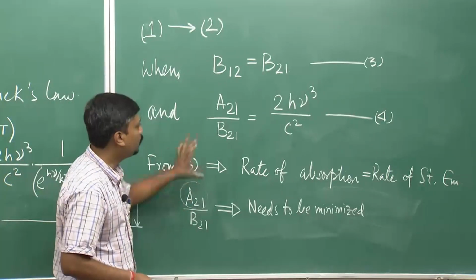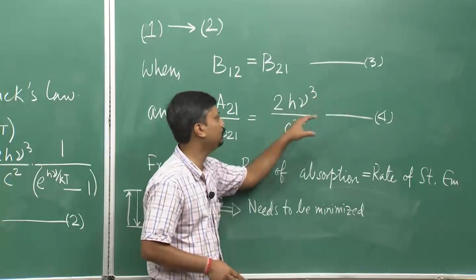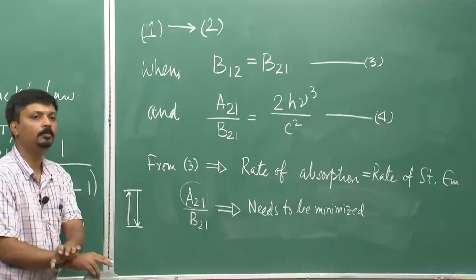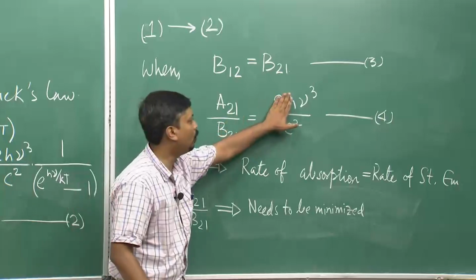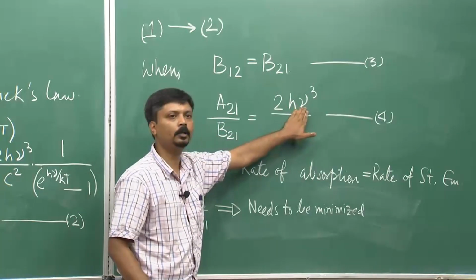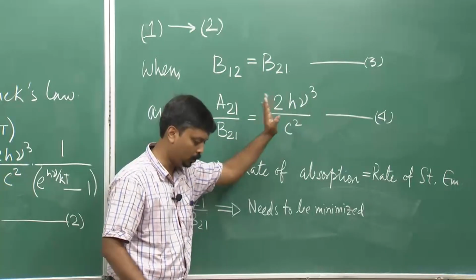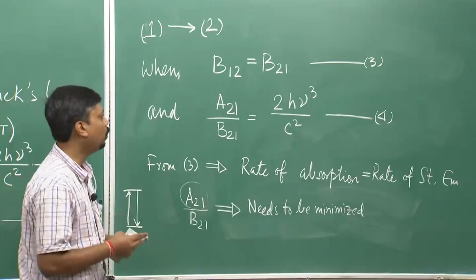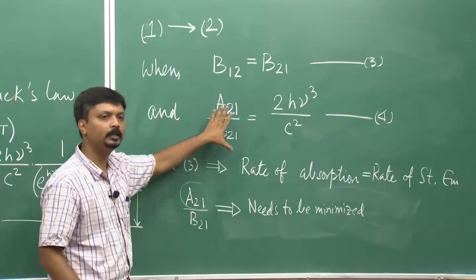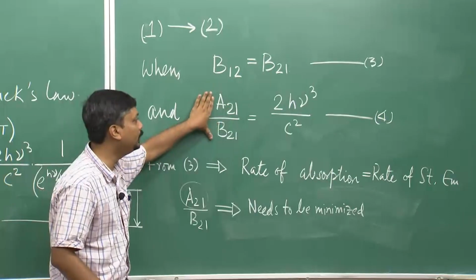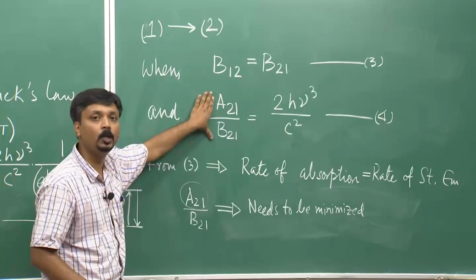Now, just look at the right hand side of this expression. What do I have here? I have constants except the quantity nu. So, if nu is more, this ratio is more. I do not want this ratio to be high, I want this ratio to be low.